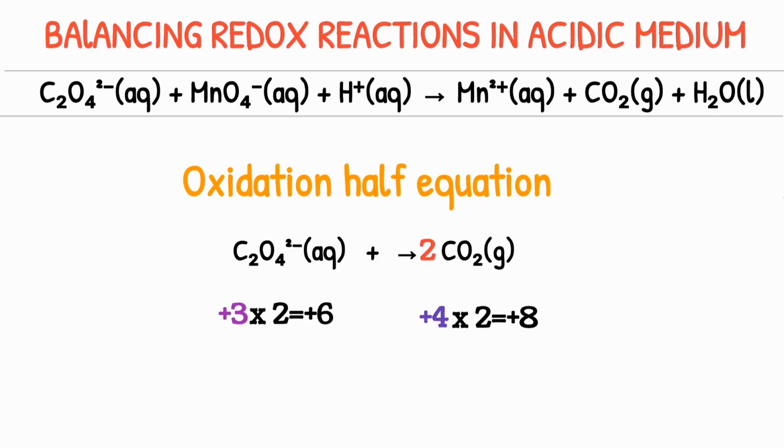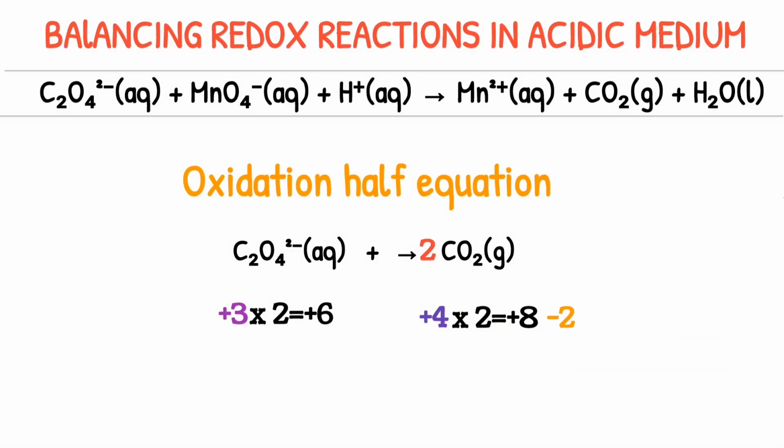Let's add 2 electrons to see what we will have. +8 minus 2, since electrons are negatively charged, gives us +6, and that is what we wanted. So we add 2 electrons on the side of the carbon dioxide, because adding them there gives us the charge of +6, which is equal to the charge on the left hand side.